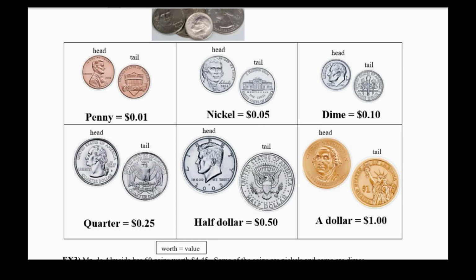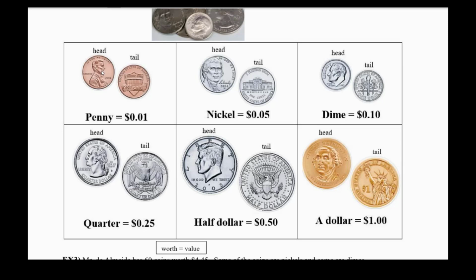We have the dime, which is worth 0.10 or 10 cents. The quarter, which is worth 25 cents. The half dollar, 50 cents, and the dollar, one whole dollar. These are the 6 different types of coins that you can see in the United States.